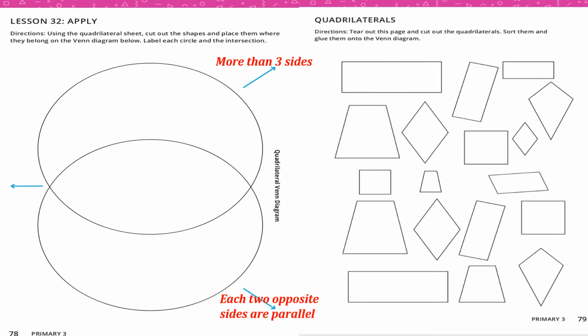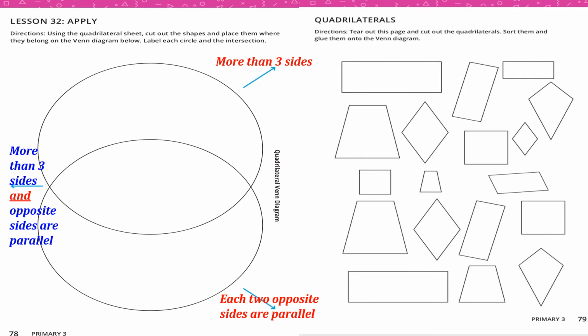Intersection means it's the space we will put the shapes that follow the first attribute and the second. It means we will put in the intersection area the shapes that have more than 3 sides and also opposite sides are parallel. So I will put here the shapes which are common between these two circles.